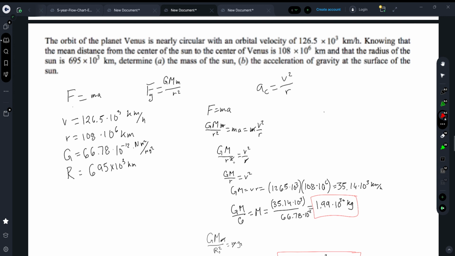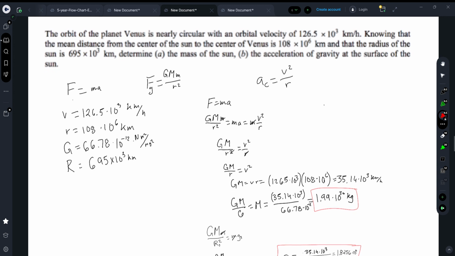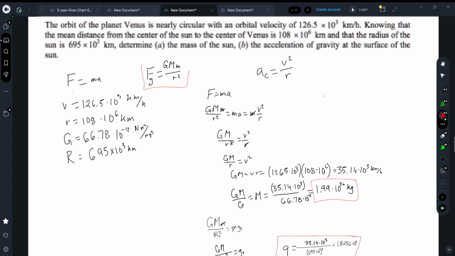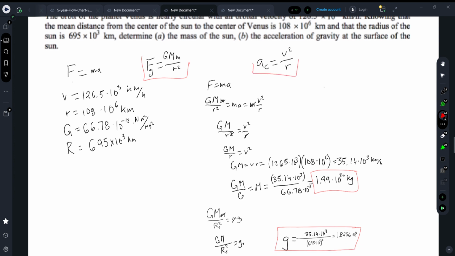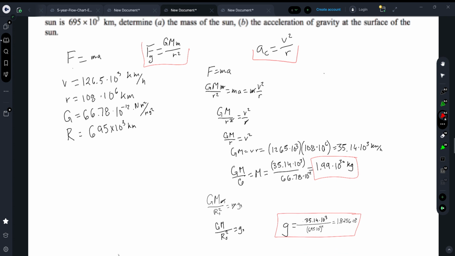So for the orbital one, we have this main equation, and we have to keep in mind that, again, centripetal acceleration is v squared over r.